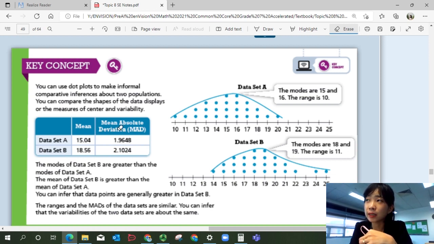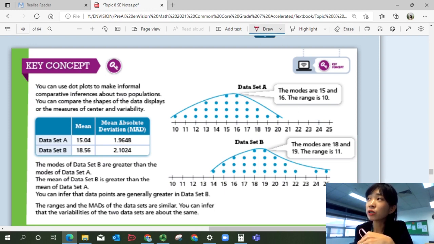So mean and MAD. The mode of data set B is greater than data set A, and the mean of data set B is greater than the mean of data set A. So you can infer that data points are generally greater in data set B here. The ranges and the MADs of the data sets are similar, so you can infer that the variabilities of the two data sets are about the same.